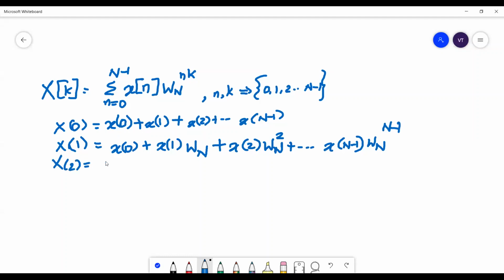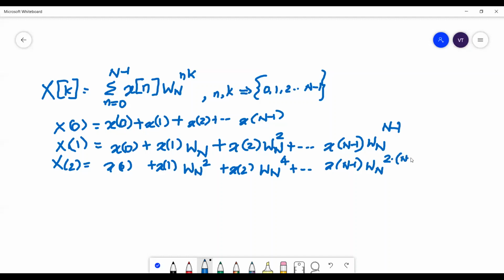X of 2 is equal to x of 0 plus x of 1 into W_N raised to nk, where n is 1 and k is 2, so that will be W_N raised to 2, plus x of 2 into W_N raised to nk, where n is equal to 2 and k is equal to 2, so W_N raised to 4, plus etc. up to x of N minus 1 into W_N raised to 2 into N minus 1.